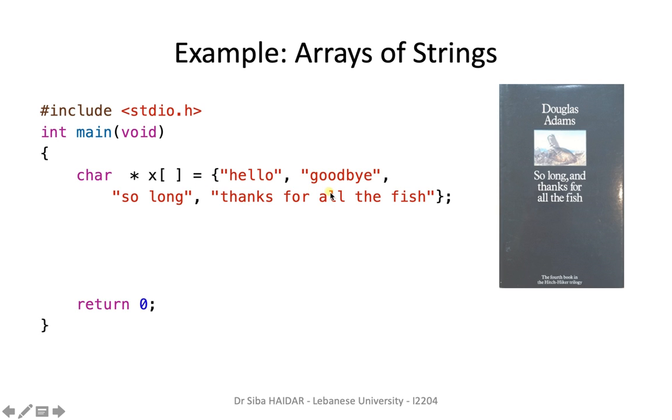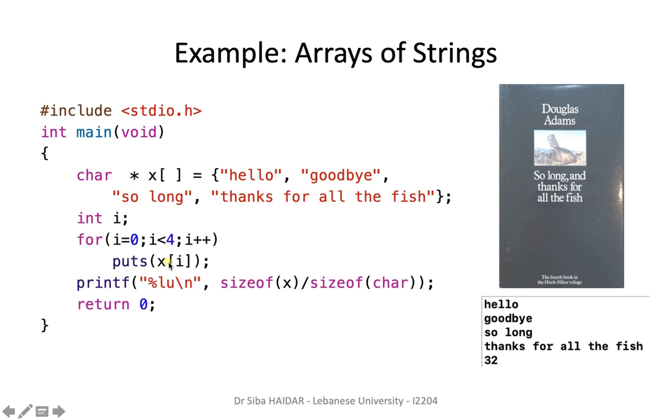They differ in sizes. And now if I want to print my strings using puts in order to check whether my strings have been successfully saved in the array of strings, I will get, of course, hello, goodbye, so long, each on a line because puts adds a new line after the string.